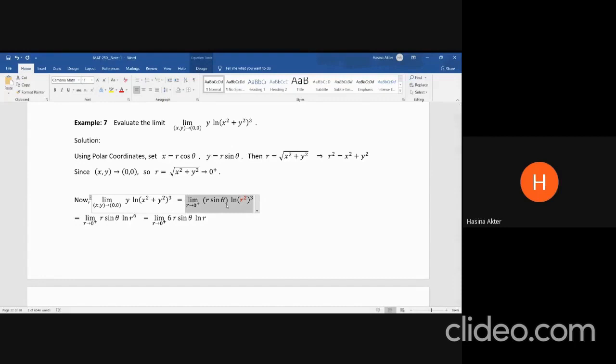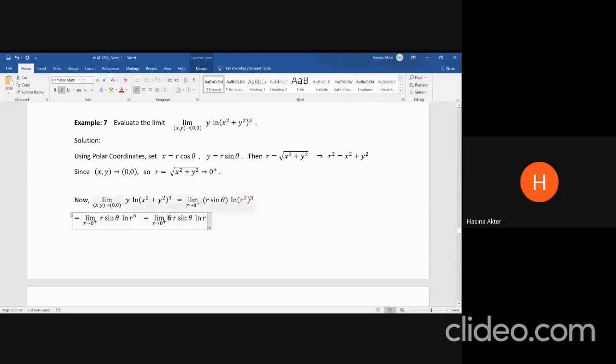So now we are in calculus 1. Theta is not our concern, so sine theta can be considered as a constant, and over here you can write r to the power 6, where the 6 comes down as the coefficient. The exponent becomes the coefficient for the log function.